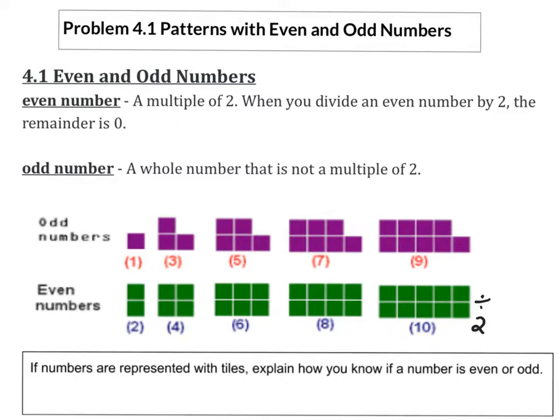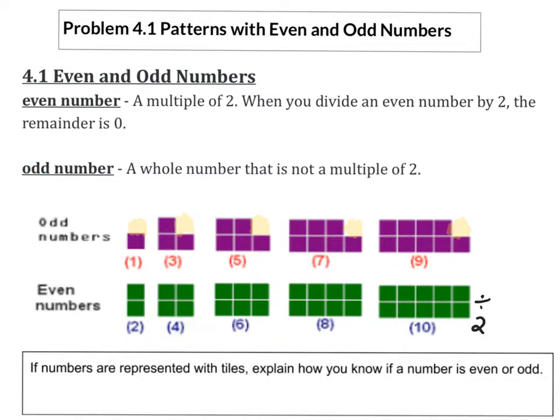What you notice with odd numbers, if you had to draw them using tiles, is each of them would seemingly have a chunk bitten out of it, if you think of it that way. So they would all have a little bit of a chunk missing. That's what makes them odd. You say, oh, you have a chunk missing. So, review even, review odd.